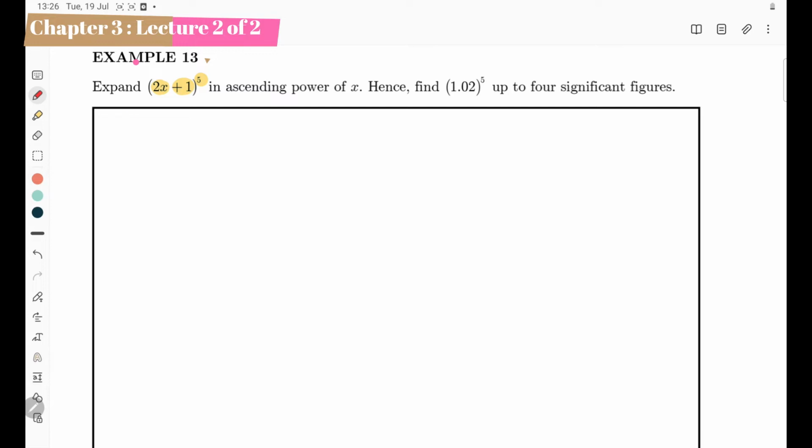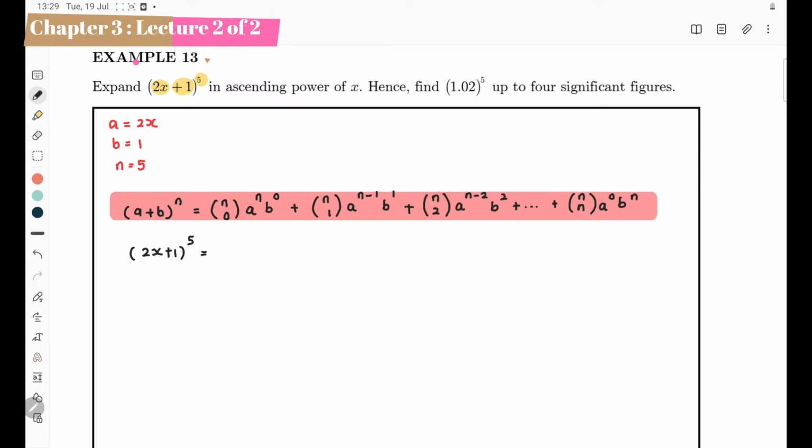So we can write a as 2x, b as positive 1, and n as 5. Now we need to substitute all these three values into our binomial expansion formula to get the following expansion.